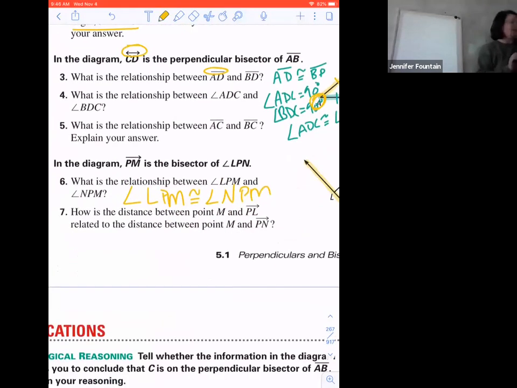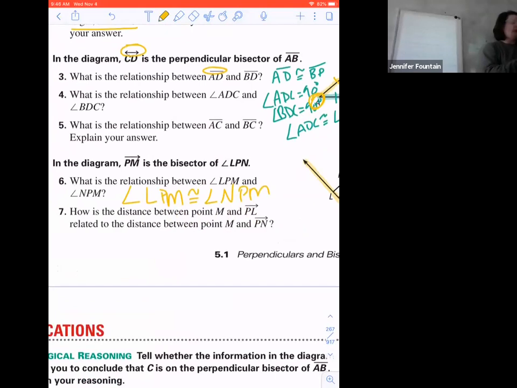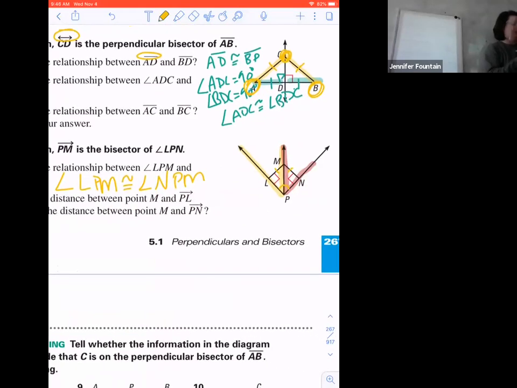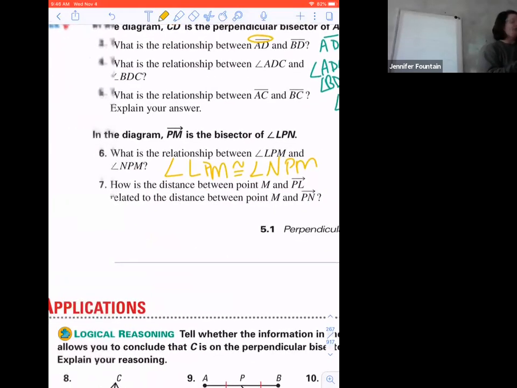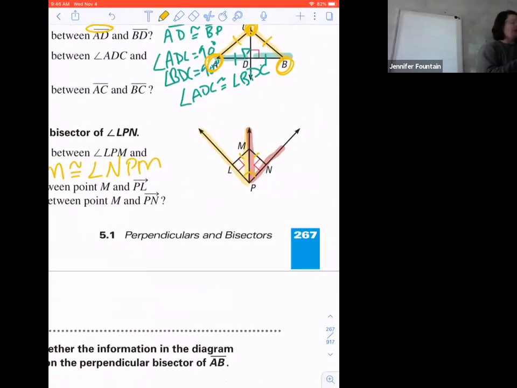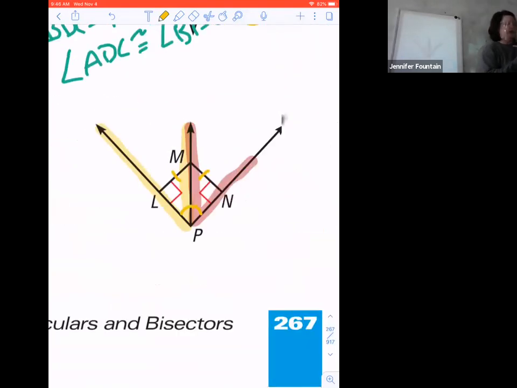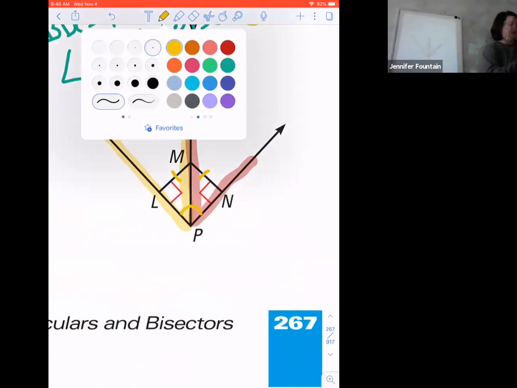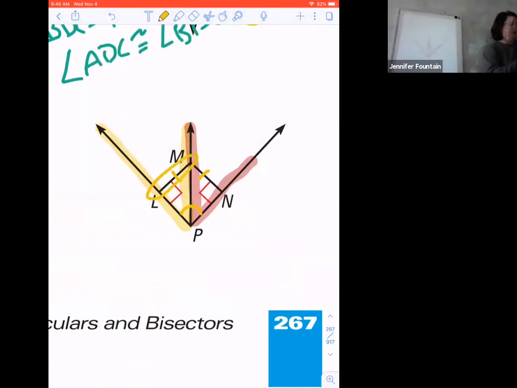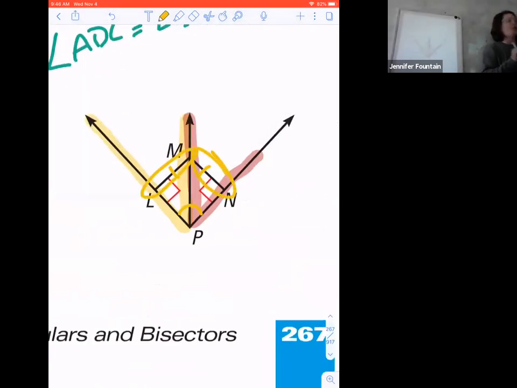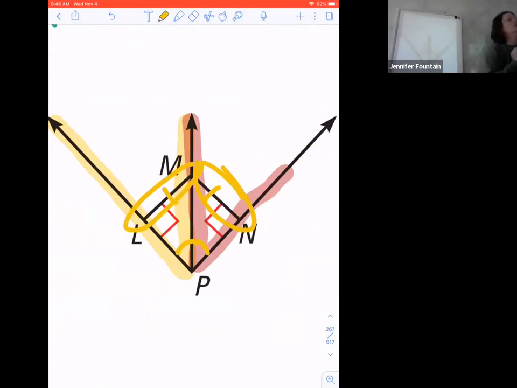How is the distance between point M and ray PL related to the distance between point M and ray PN? So now we're talking about these two right here. Is the entire angle LPN a right angle, the big angle?